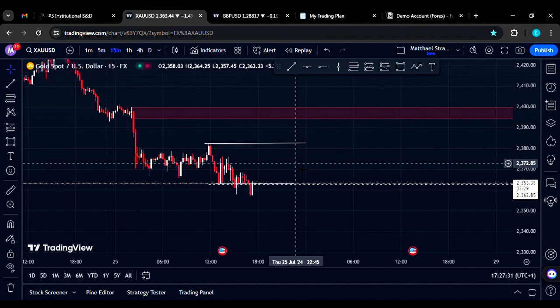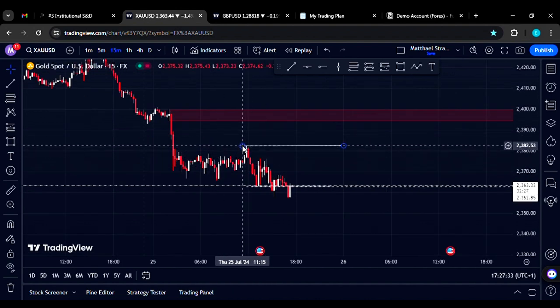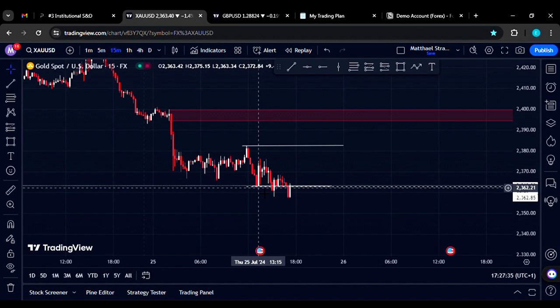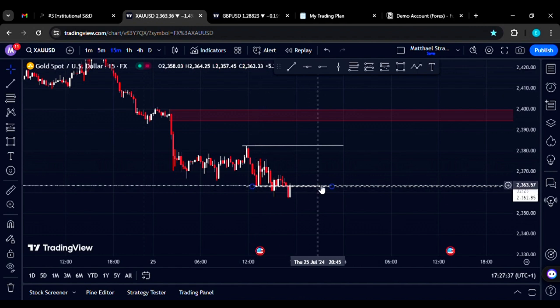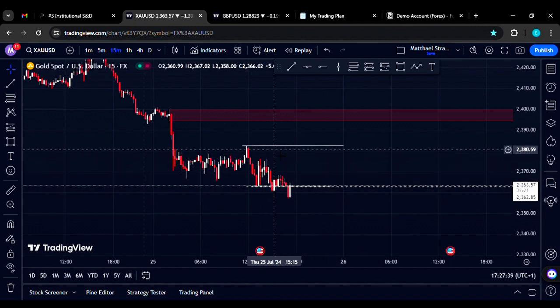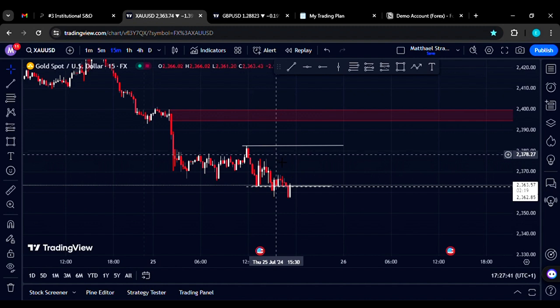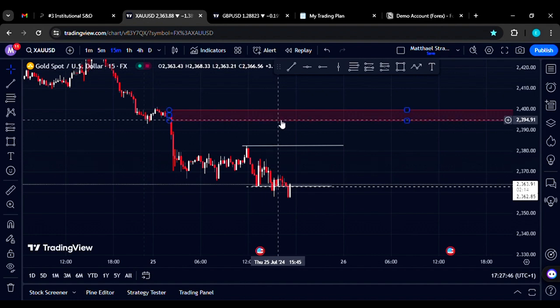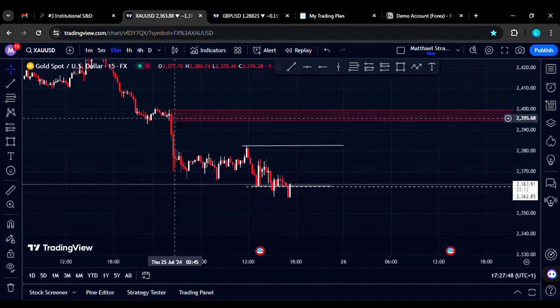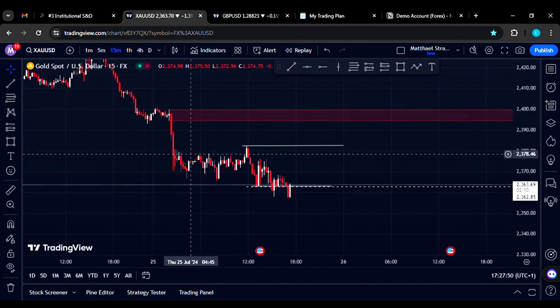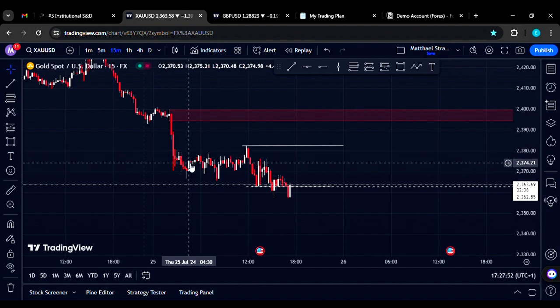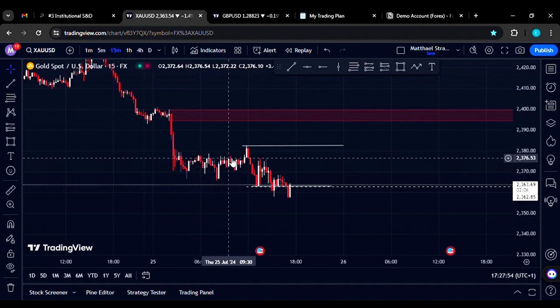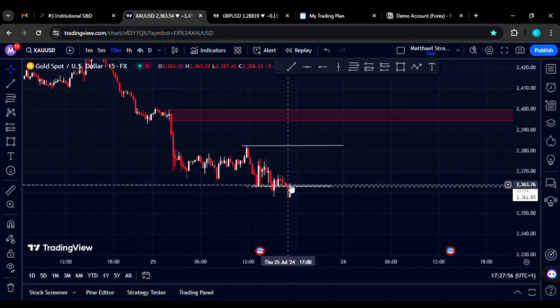Then I marked out the recent swing high and the recent swing low, and was anticipating that before price will continue, price is likely to come to this supply zone, take the liquidity that has been accumulated during this consolidation here, then shoot down.